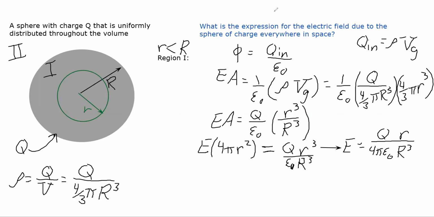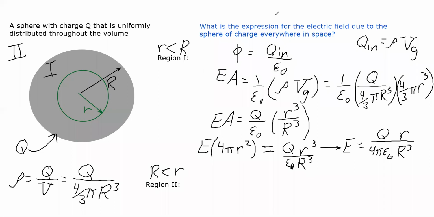So let's look at region 2. Okay, so region 2 is when we're looking at when uppercase R is less than r.